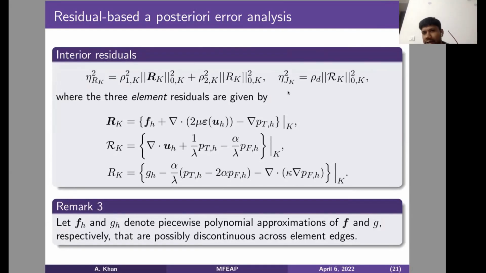And ηJK, as I said, is just related to the relation between displacement, total pressure, and the fluid pressure. Here we are using F and G_h, which denote piecewise polynomial approximations of F and G. We can also take them possibly discontinuous across elements.